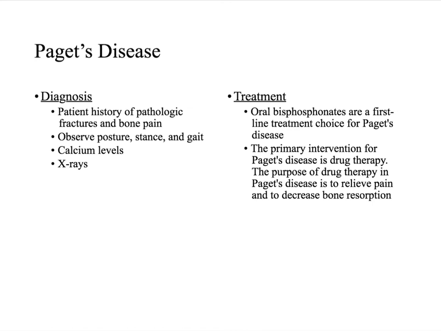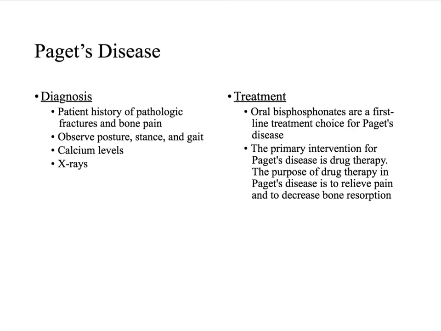Serum alkaline phosphatase can identify for the provider the level of density of the bone. Elevated bone isoenzymes help with a more definitive diagnosis of Paget's disease.